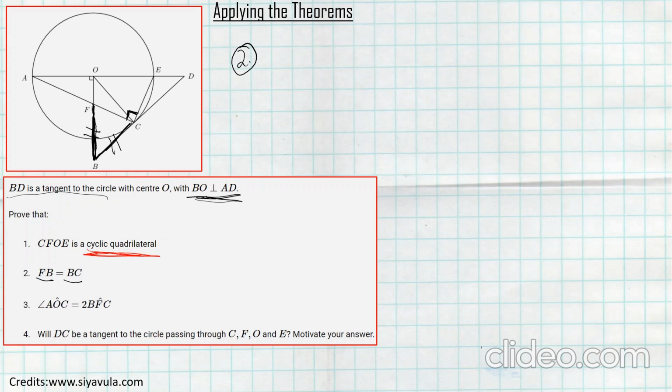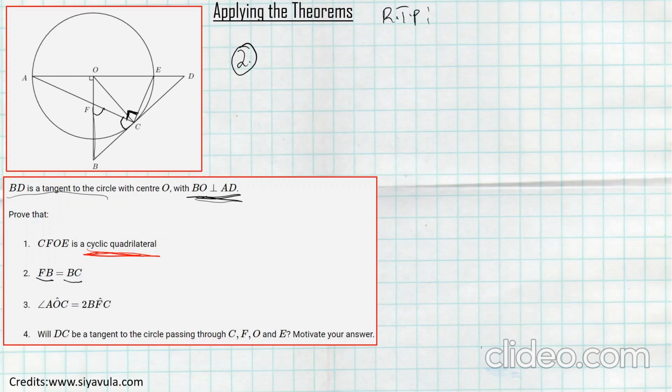But we know that if the base angles of an isosceles triangle are equal, then the sides are also equal. So to prove that this line is the same as this one, we have to prove that this angle here is equal to that angle. Okay, so that's what we have to prove. Let me write what we are required to prove.